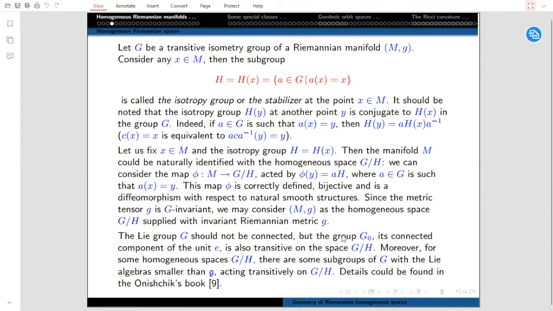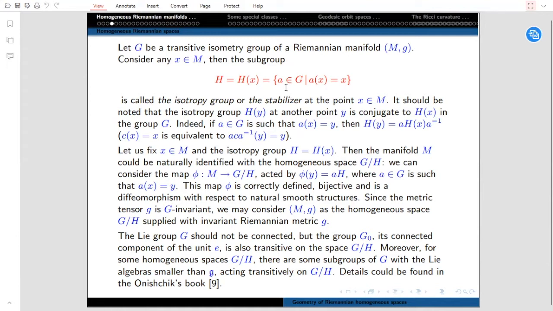Now a little more about notation. Let G be a transitive isometry group of a Riemannian manifold and consider any point X on the manifold. Then H of X is its isotropy group.